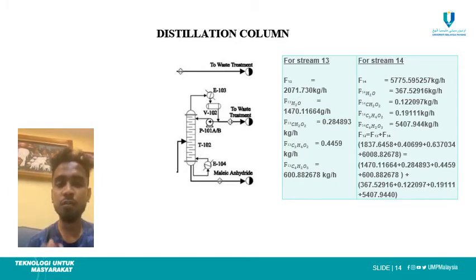For stream 14, we can get the flow rate of 5775.59527 kilograms per hour, and we can also get the flow rates for water and all three acids. And lastly, by applying the same principle of conservation of mass, flow rate at stream 12 is equal to flow rate at stream 13 plus flow rate at stream 14.